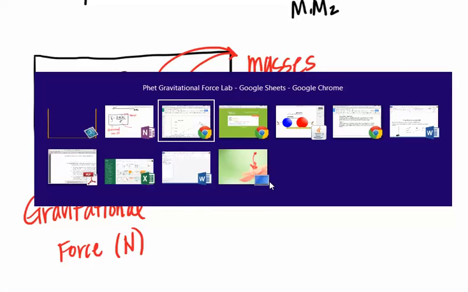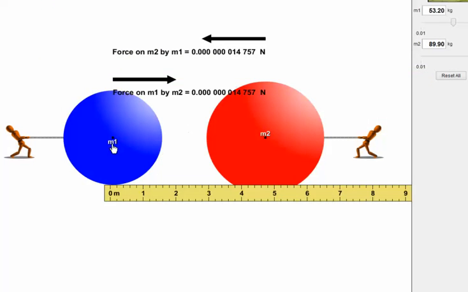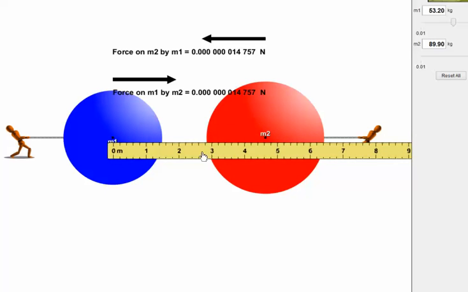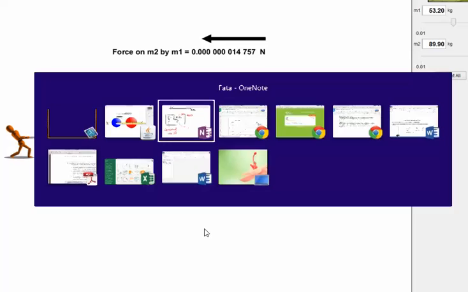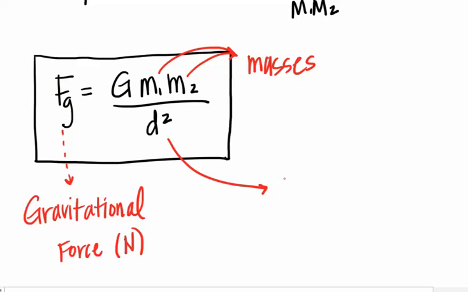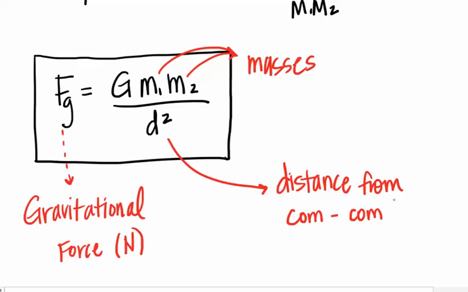Remember in our simulation here, we were using the center of mass to the center of mass. That should be measured in meters, and then it will be squared. And masses should be measured in kilograms, and then they would also be squared.